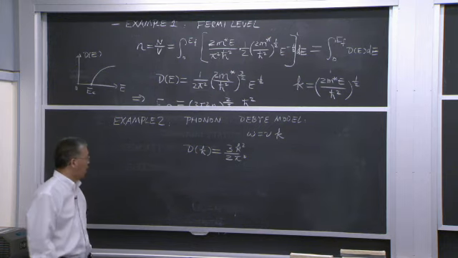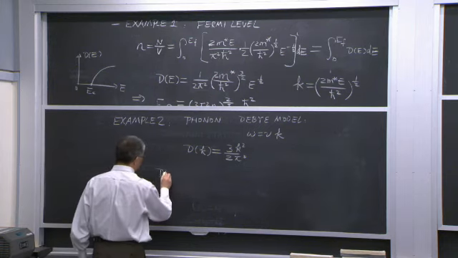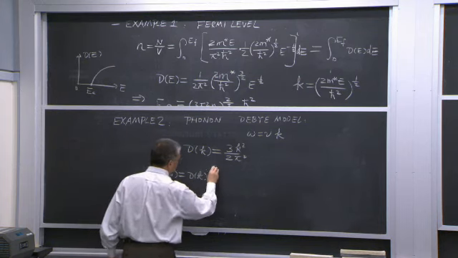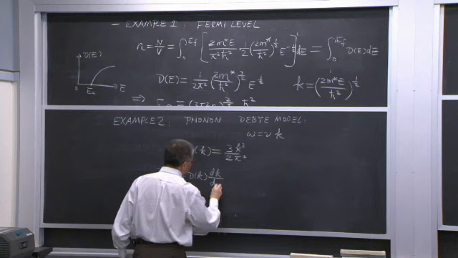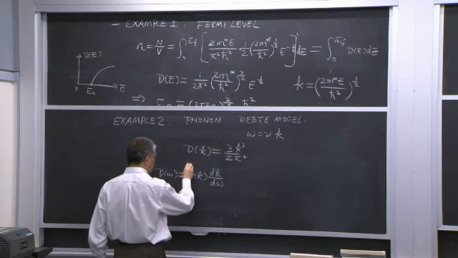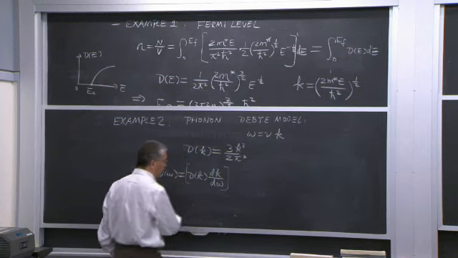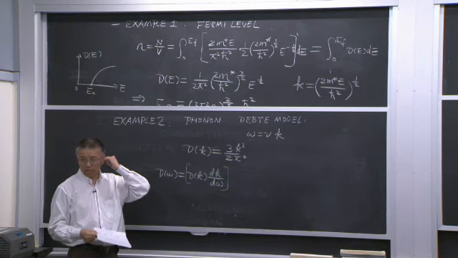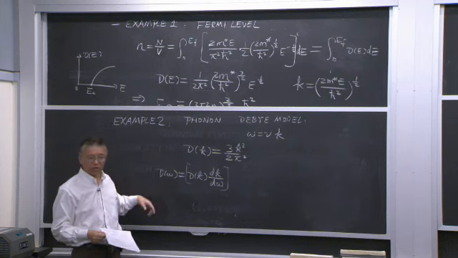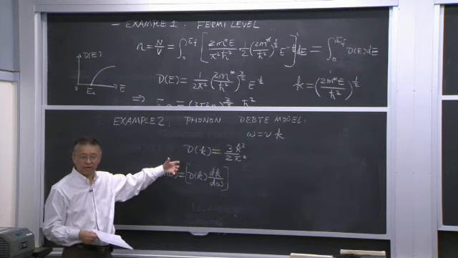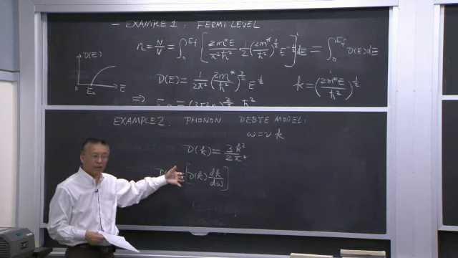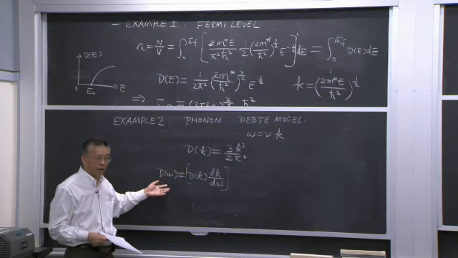Now my d omega is dk, so dk d omega, and k has to be changed into omega. Now I'm going to do the frequency integration. For phonon I normally don't do dE; my habit is typically to do d omega.